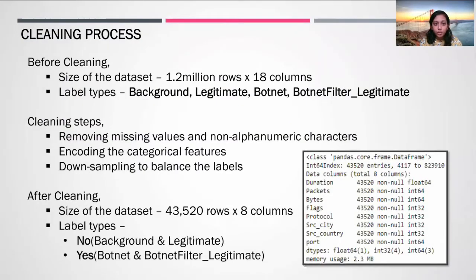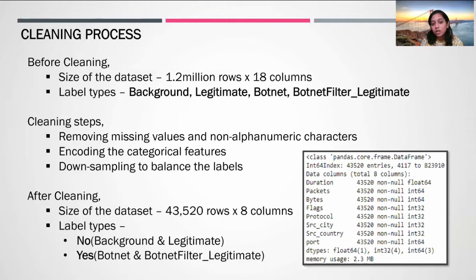The very first process in our project was to clean the dataset, because initially our dataset had about 1.2 million rows, and this took almost 1.2 gigabytes of memory in our computers. So we figured this would be impossible to run the models on. So in the cleaning process, we removed all the missing values and non-alphanumeric characters, and then we encoded all the categorical features, and then we had to downsample the dataset to balance the labels, because in the original dataset, about 90% of the rows were either background or legitimate.